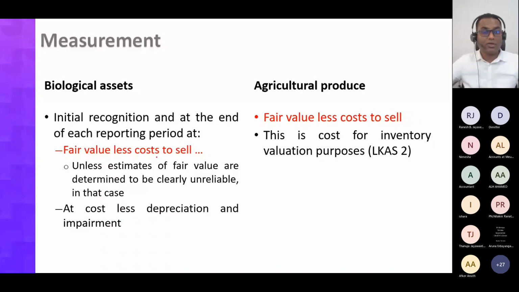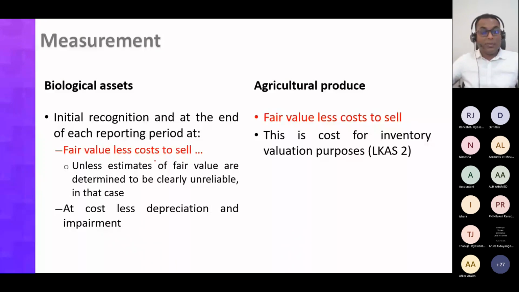When you are given the selling cost, your measurement should be initially as well as subsequently fair value less cost to sell. Then the changes in the fair value less cost to sell, you need to take to the profit and loss statement. So initial recognition of biological assets as well as subsequent measurement of the biological assets would result in gains and losses to be recognized in the profit and loss statement. Unrealized gains and losses are to be recognized in the profit and loss statement.